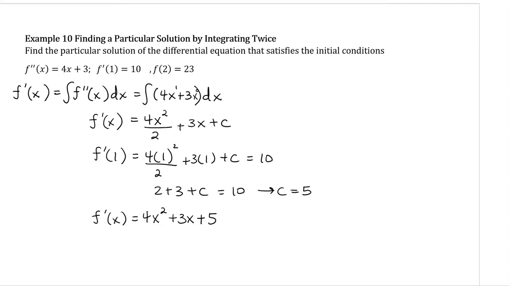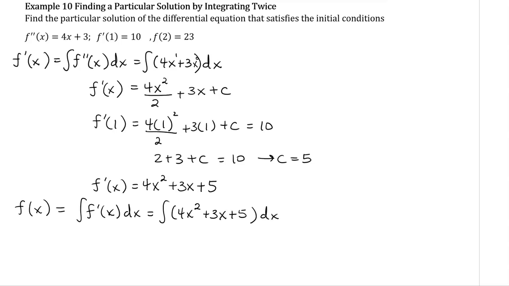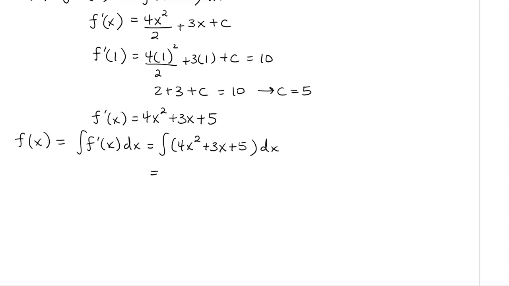And now we are one step closer to finding our actual original function, because I can find the original function f of x by taking the antiderivative of the first derivative. So now we are going to be integrating 4x squared plus 3x plus 5, and we're doing it with respect to x. So let's start integrating term by term. First term, we have the constant of 4 that will stay there.